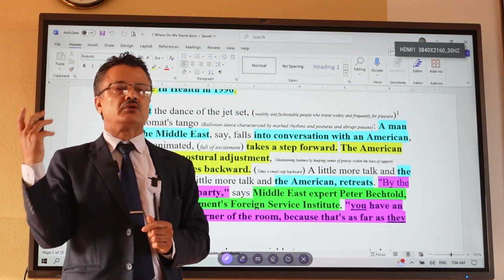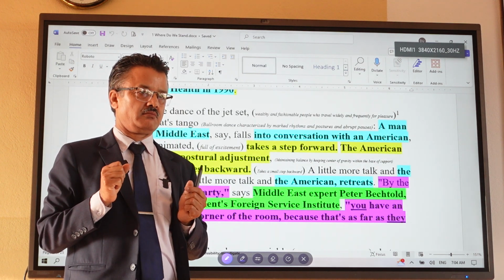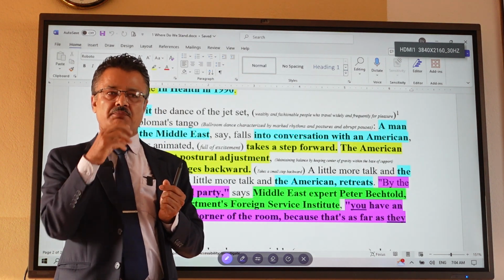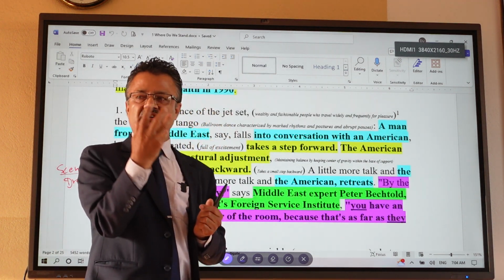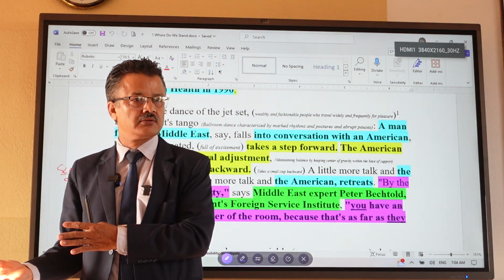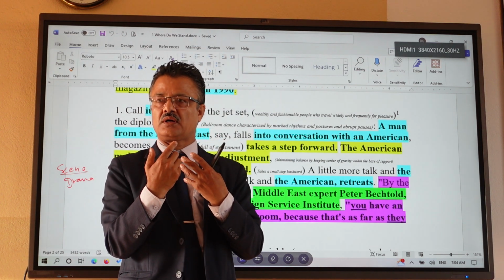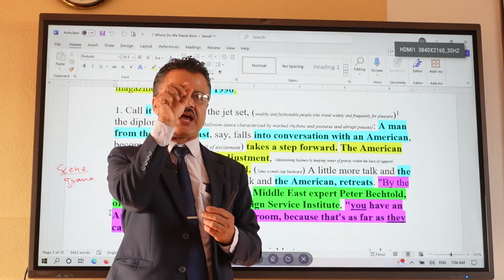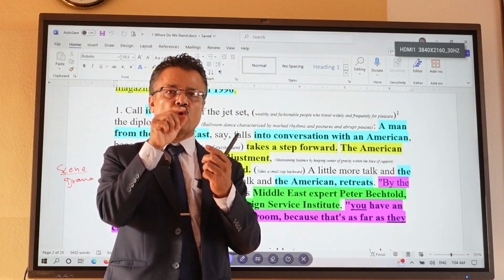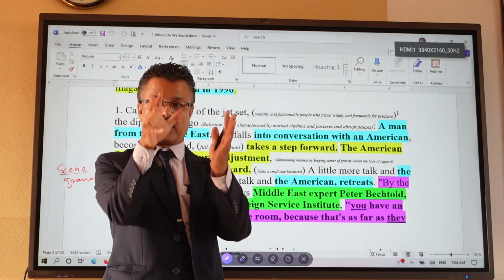What does a fishing hook do? It has bait in it, B-A-I-T. What is a bait? Bait is something very sweet that the fish would like to eat, and the fish would be drawn towards that hook. And once the fish eats the bait, the hook gets hooked in the gill of the fish, and the fish is caught in the hook.